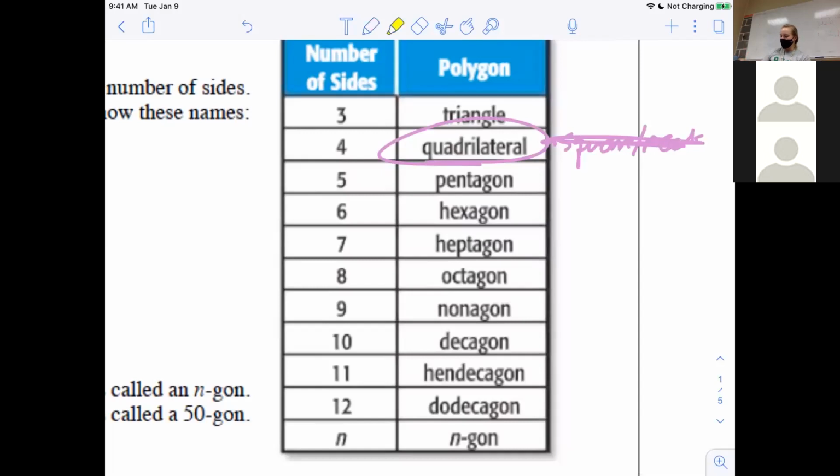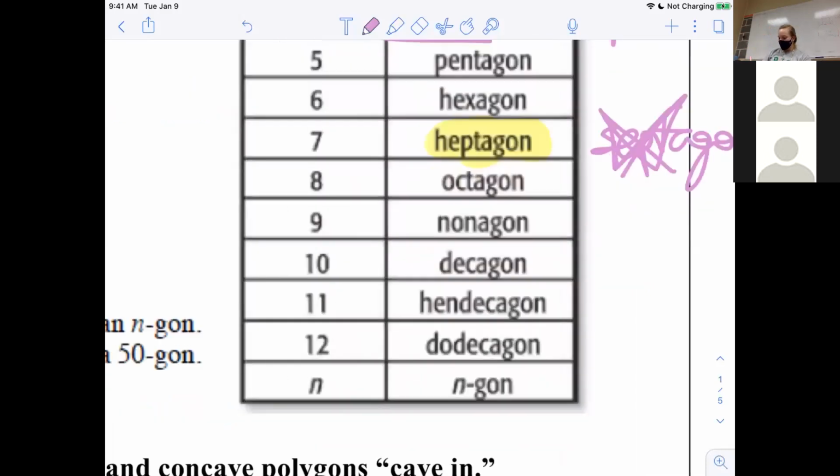It is heptagon. It's not septagon. A lot of us want to write septagon. It's not the right base, not the right root. Heptagon. Somebody misses that on every test, final, whatever. It's on a bunch of stuff. Remember heptagon. 8 is octagon, 9 is nonagon, 10 is decagon. Where it gets weird is 11 is a hendecagon. I don't know why. And 12 is a dodecagon.